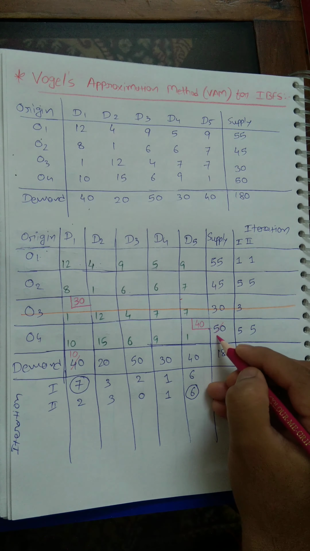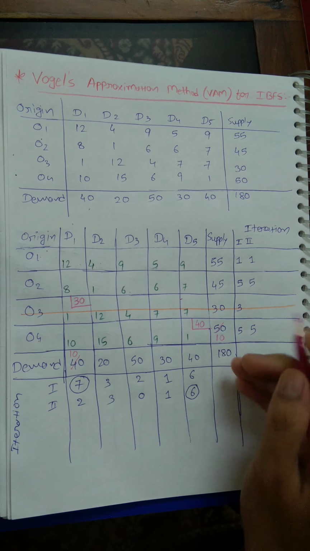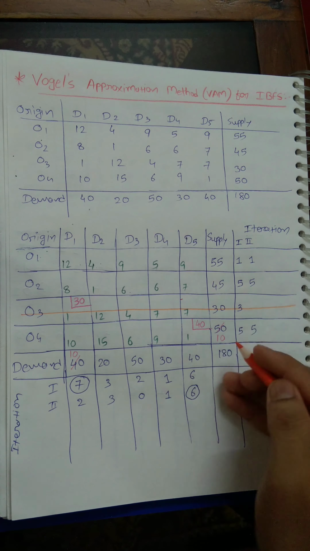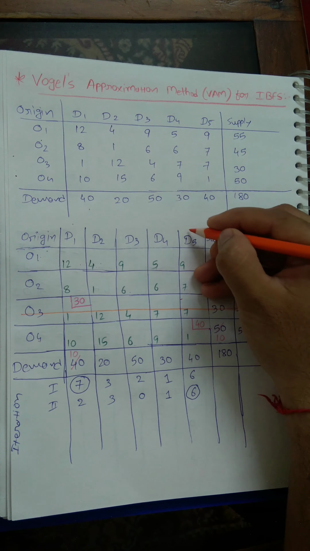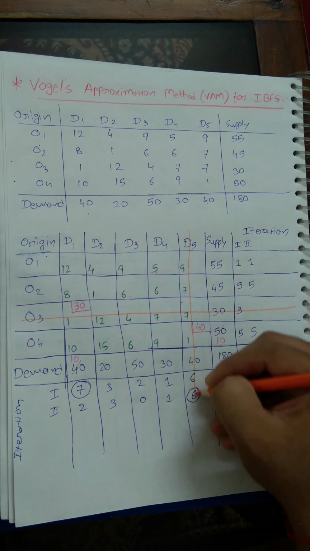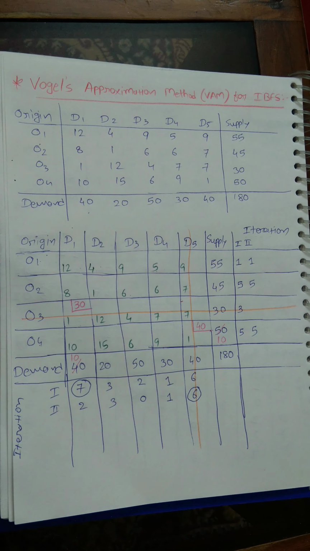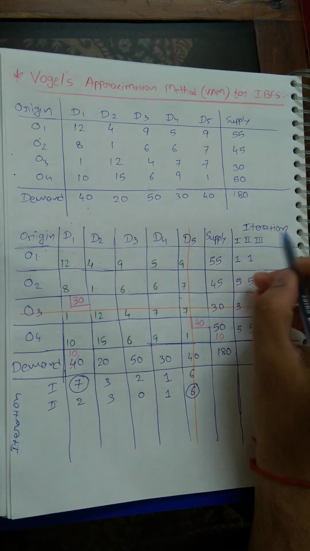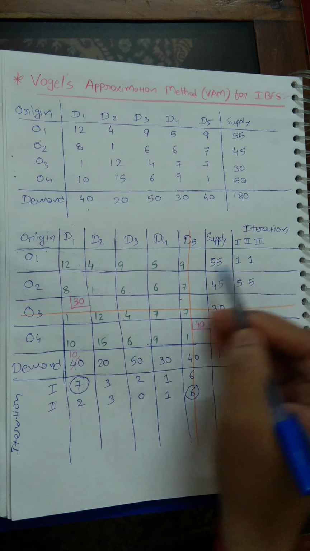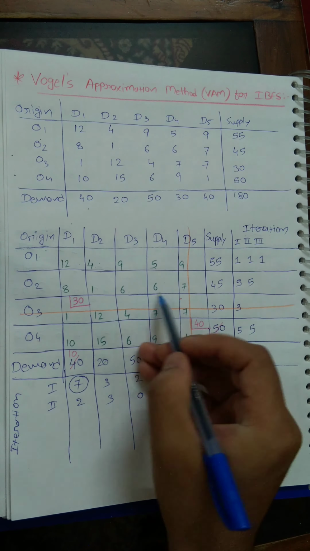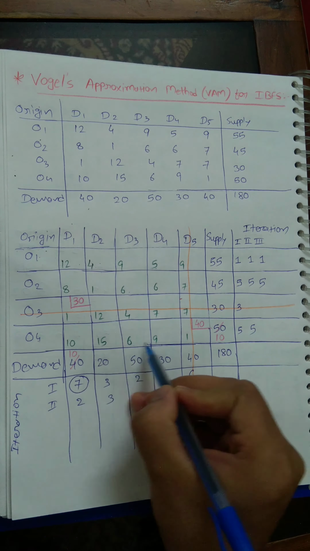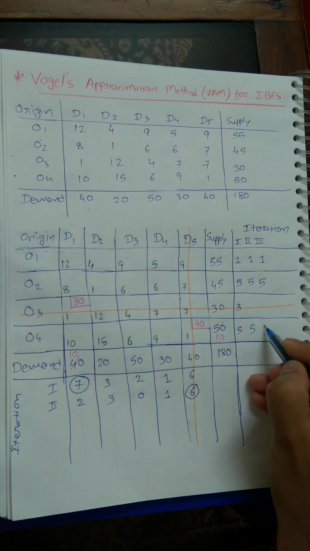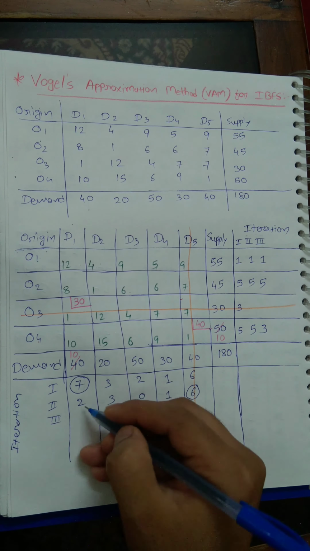Then 50 minus 40 will be the remaining supply, that is 10, and the D5 column will be eliminated. So I have cancelled this column. Now again do the third iteration. We need to keep on iterating until we get the complete solution for all the allocations.